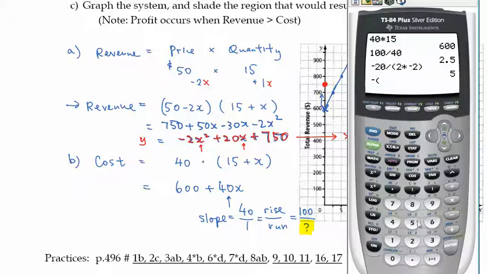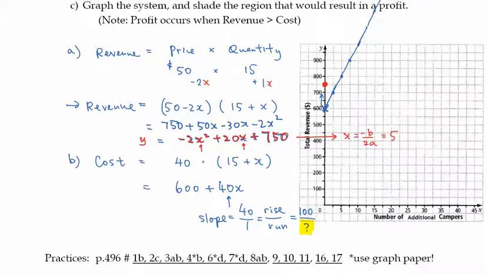Negative 2 times 5 squared, plus 20 times 5, plus 750. That is 800. 5 and 800. This is the vertex.